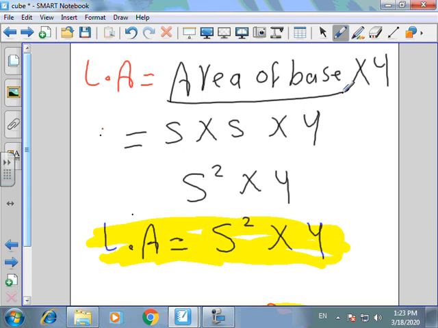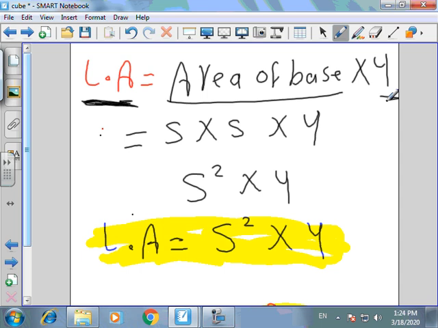So the abbreviation of the lateral surface area is LA. Okay? So we write it like LA. What is the rule? The area of the base or of the wall times what? Excellent, yes, times 4.